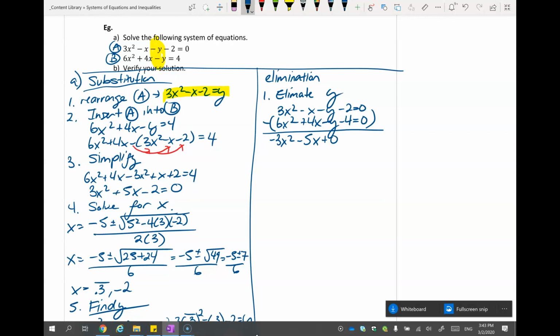Then we have -2 minus -4. That's -2 plus 4, which is 2. Zero minus 0 is 0.